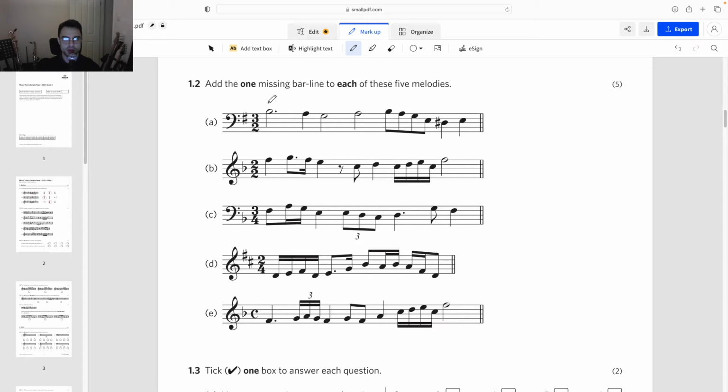Here we've got one here, 1, and then it's dotted, which means that it's actually worth 3 beats. So this here is going to be our and of 2. So we've got our second beat somewhere over here. And this will be our third beat over here. Yeah, and we found it. We found the place for our missing bar line.